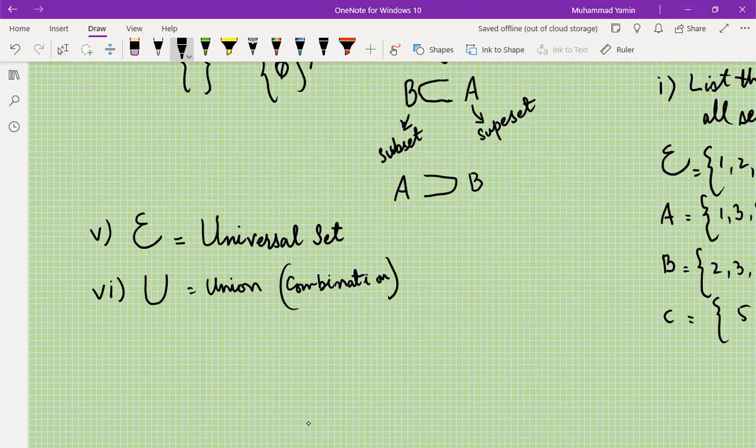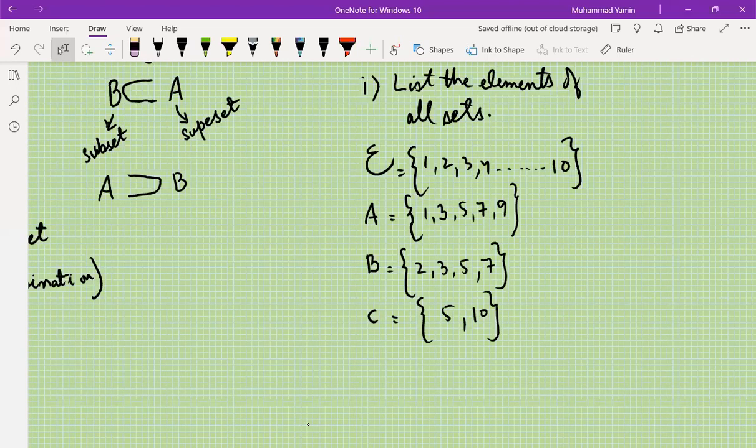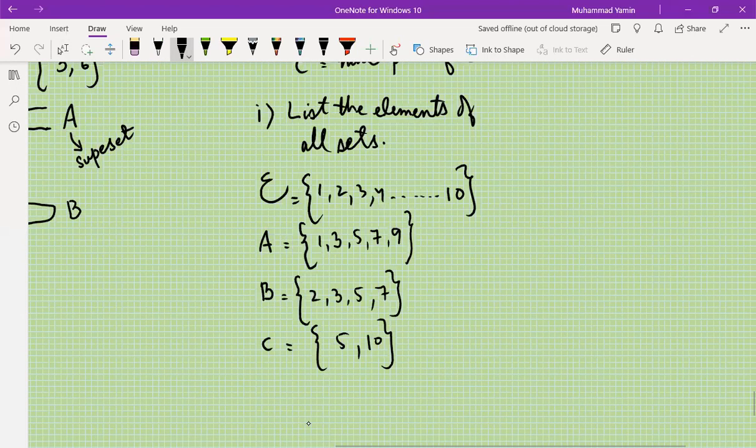Union symbol can only be used with at least 2 sets. Like here in this question, I'm taking the example. Find the values.